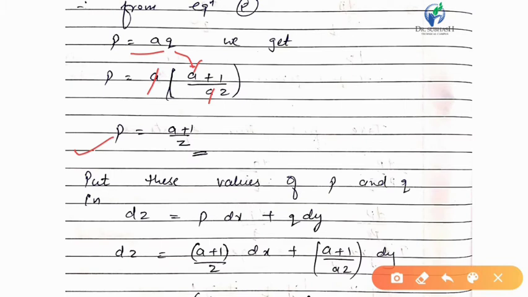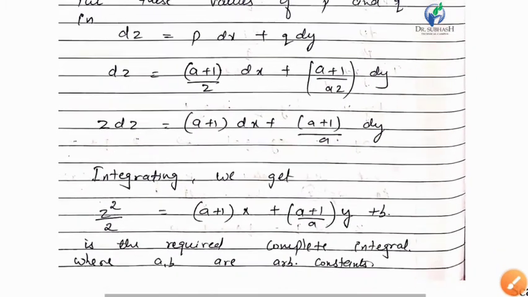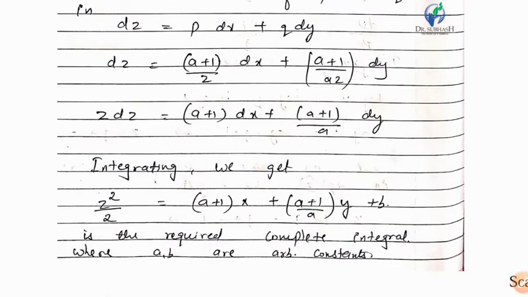Now I am here with the values of p and q. I will substitute these values in dz equal to p dx plus q dy. So I am putting the value of p here and I am putting the value of q here.